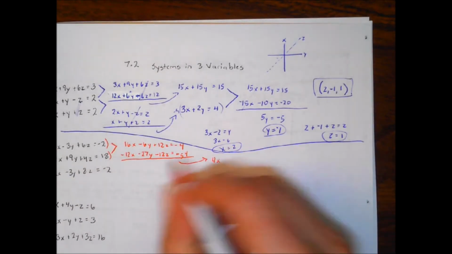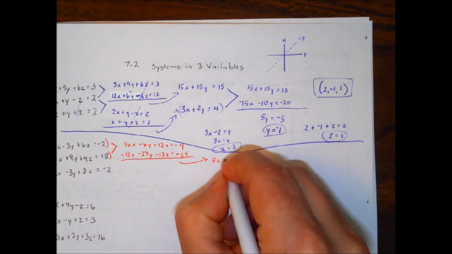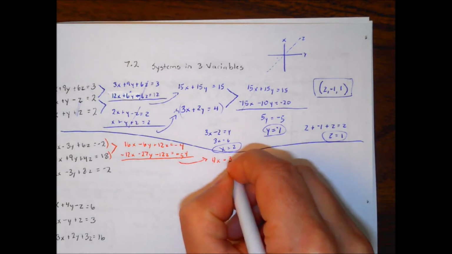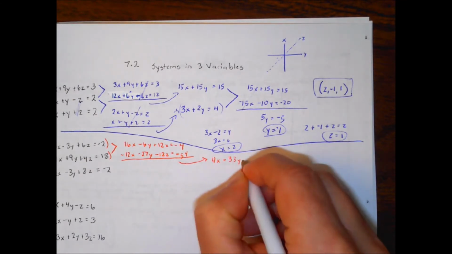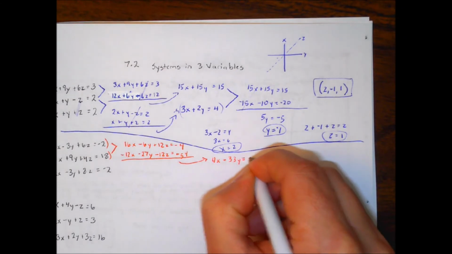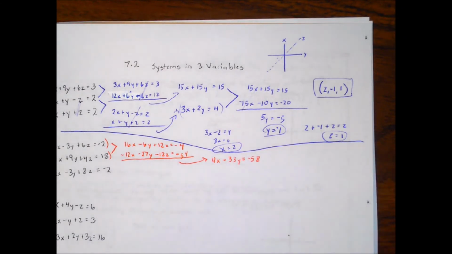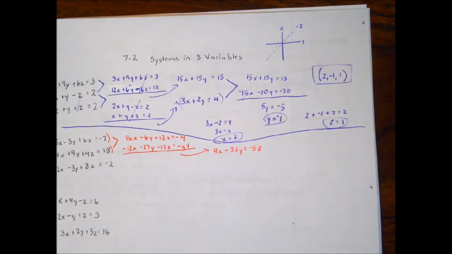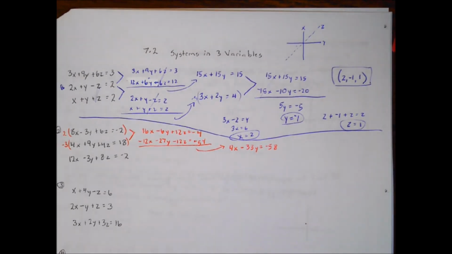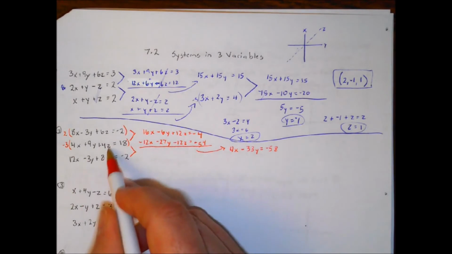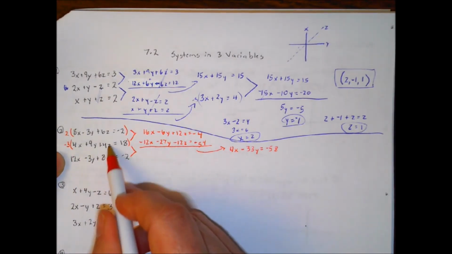Okay, so that gives me 4x minus 21y, the z's cancel, equals negative 38. Okay, so now I want to put these two together. I'm going to eliminate the x's here by multiplying this one by negative 1.